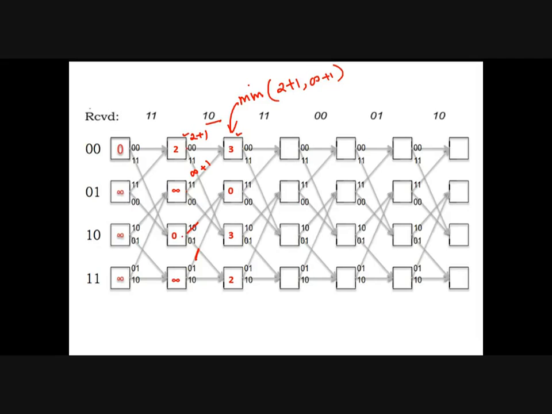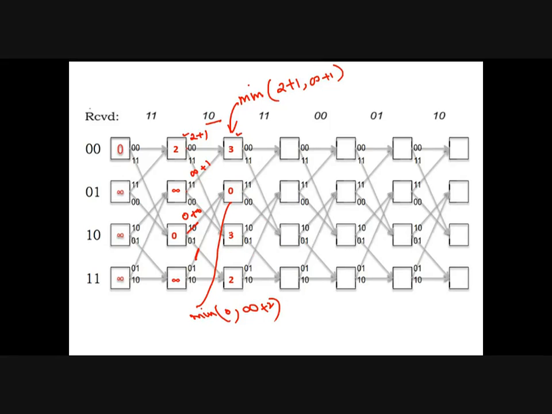If we start from this path, it will be 0, and 1 0 compared with 1 0, that is 0. So it will be minimum of 0 comma infinity plus 2. 1 0 compared with 1 0, sorry, 0 1 compared with 1 0, that is 2. So minimum of 0 comma infinity will be 0. I took this path.